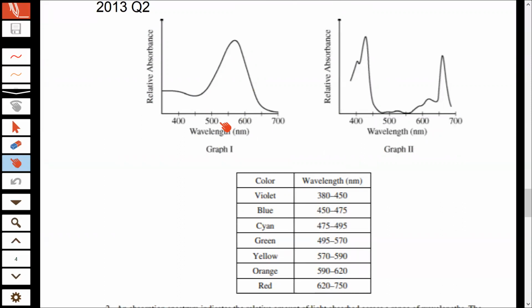But I want to give a challenge: what if we wanted to make this a controlled experiment? What kind of question could we ask, and then what control could we add to make this a controlled experiment? That's a fairly difficult question, but if you can get that, you will definitely understand the idea of a controlled experiment very, very well.